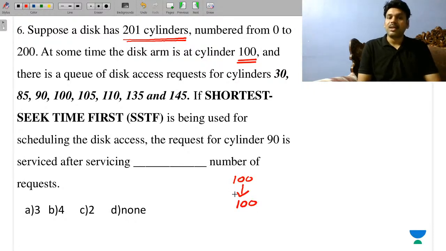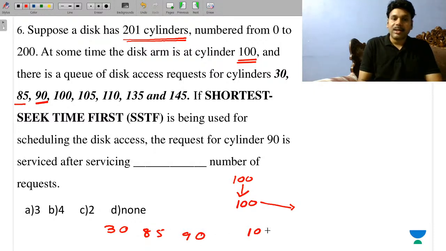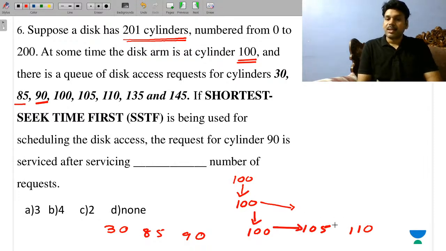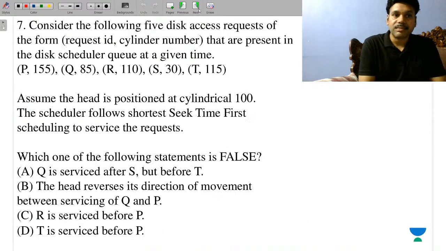So 100 we are satisfying, then after that we are satisfying the next. As far as the given requests are concerned: 30 here, 85 here, 90 here, 100 is the request, 105 here, 110 here. So 100 satisfied, 105 satisfied, and 105 to 110 it gets satisfied, and from there it got satisfied. So this is very similar to the previous question. The seventh question is very important.